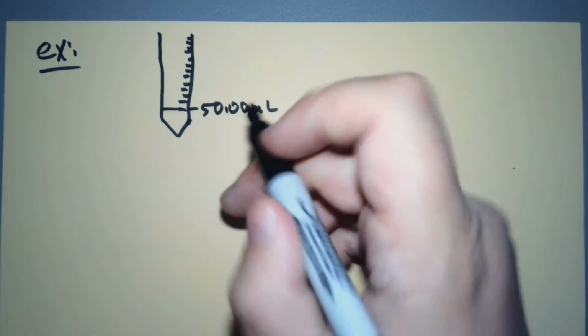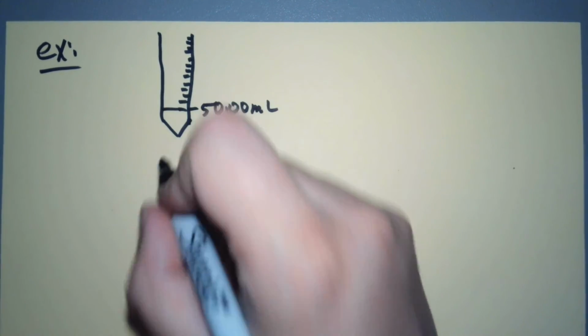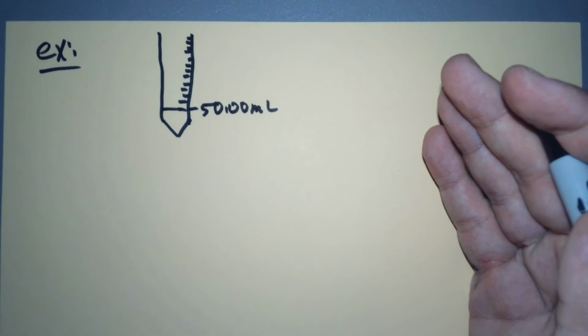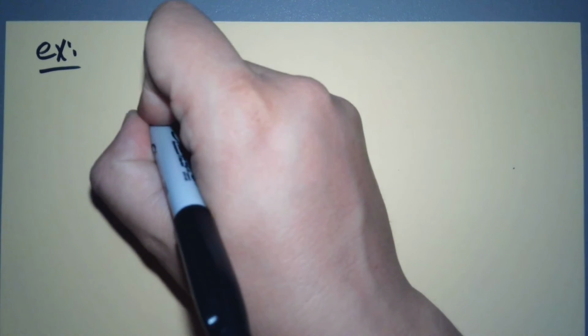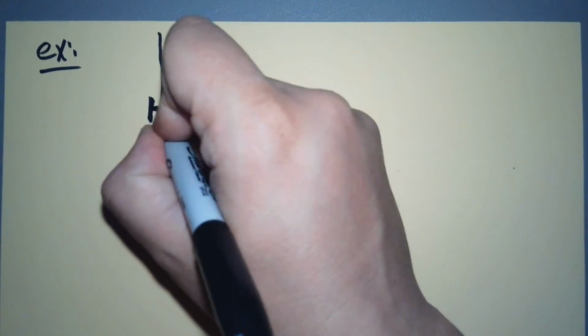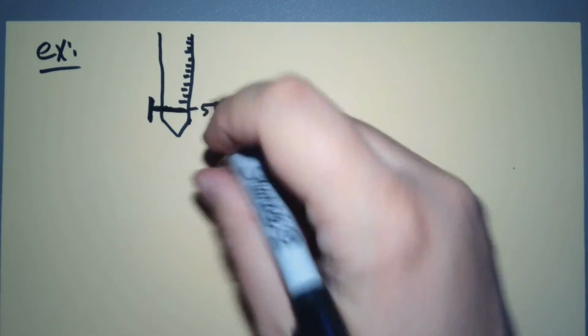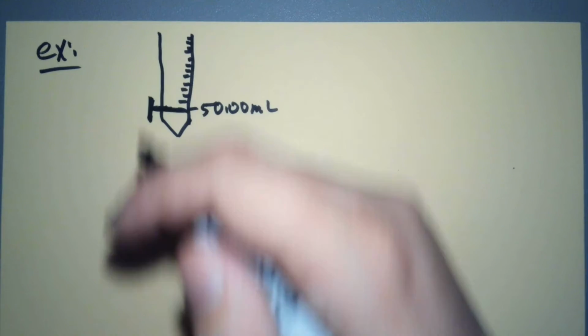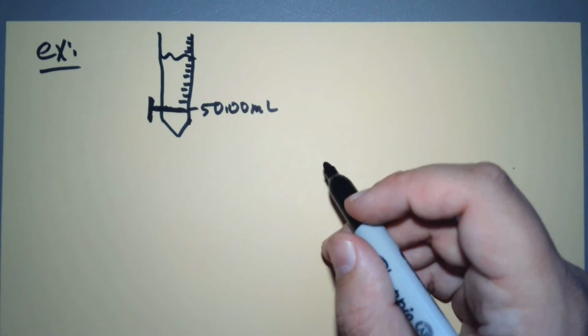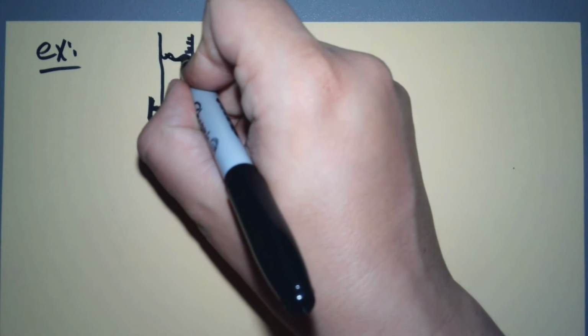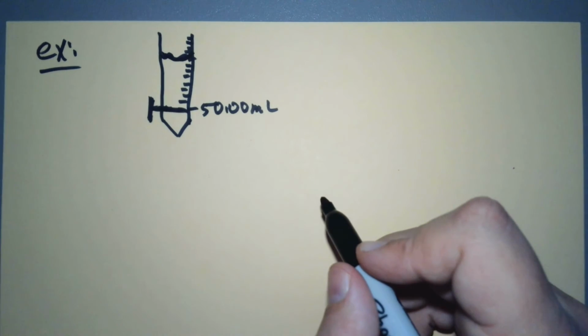So it always screws students up because it's backwards. There's also usually a handle here that you can use to turn. And so it goes from 0 to 50 as you go down. And there's some level of volume in there at the end, with a nice shaped meniscus.